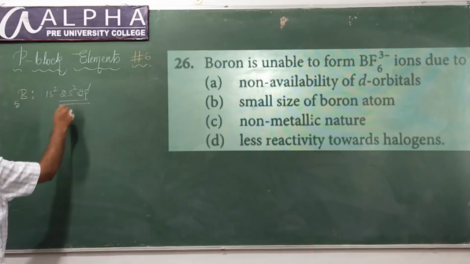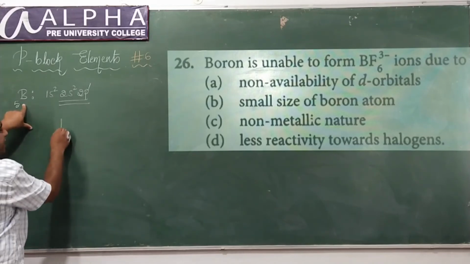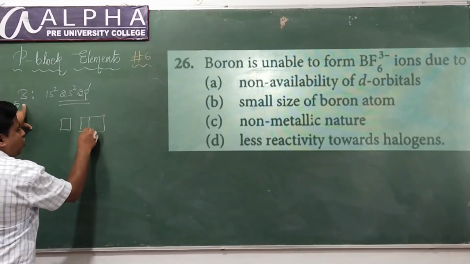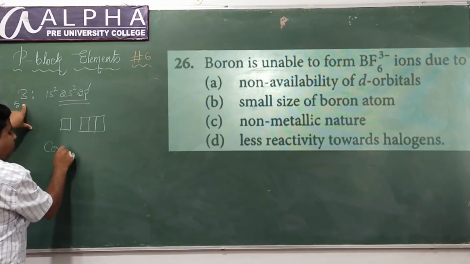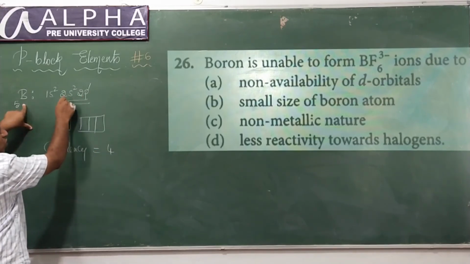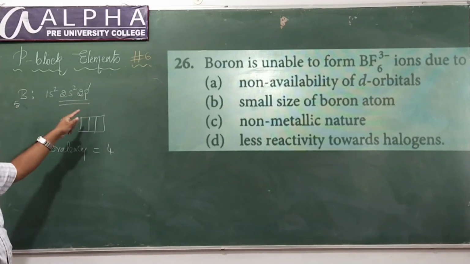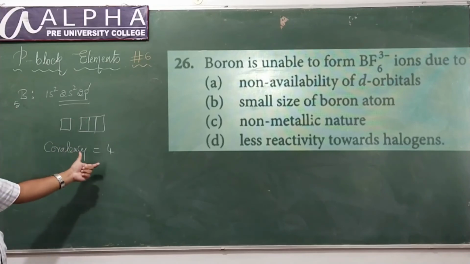Is there any d orbital in boron? No, there are no d orbitals in boron. Therefore what is the covalency of boron? Covalency of boron is 4, because there are only 4 outermost orbitals. Therefore the covalency of boron is 4.